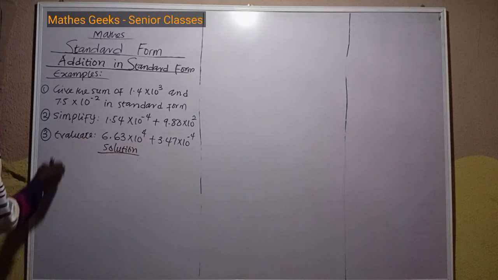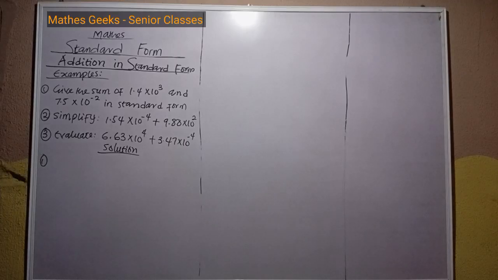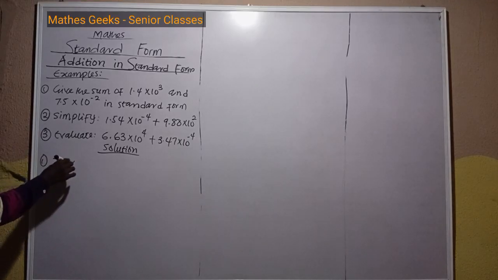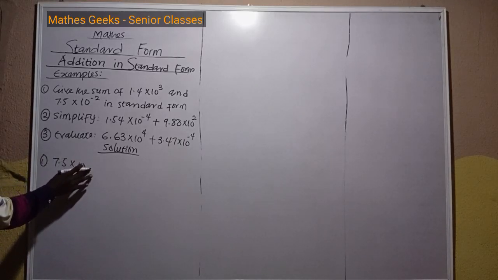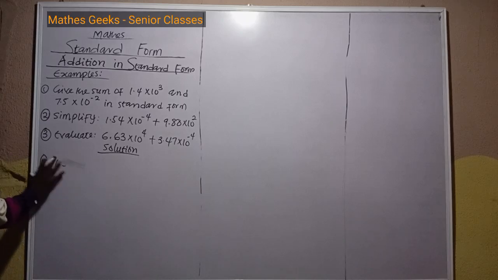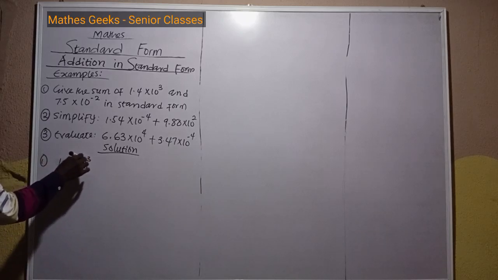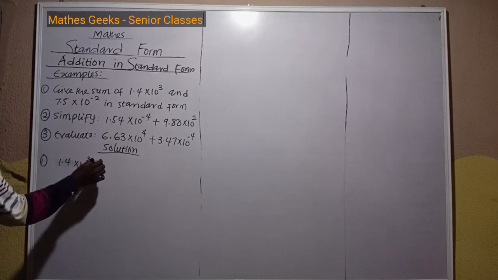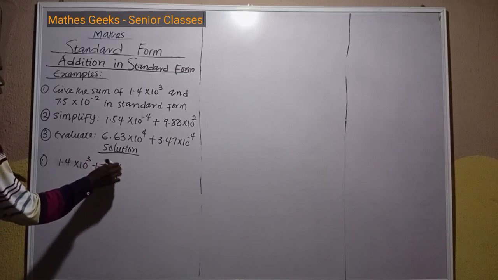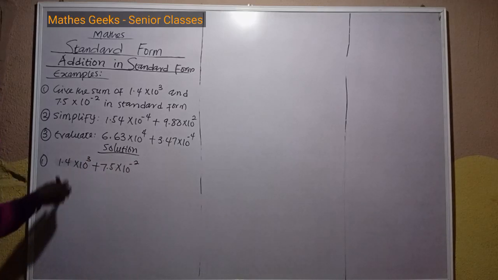Solution number 1. We have 1.4 times 10 raised to 3 plus 7.5 times 10 raised to minus 2.